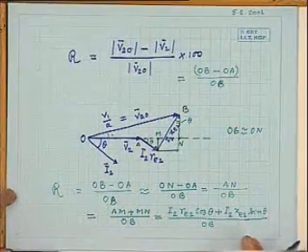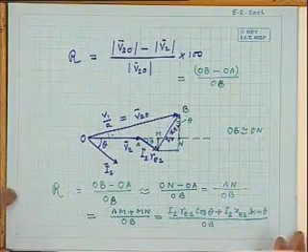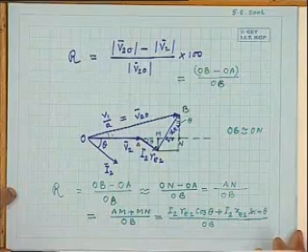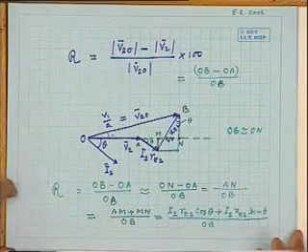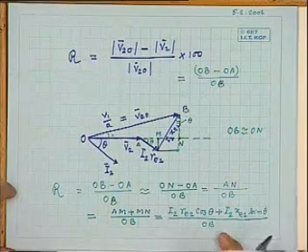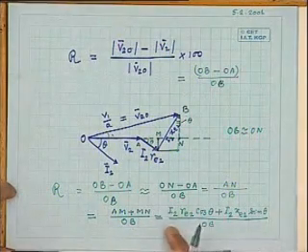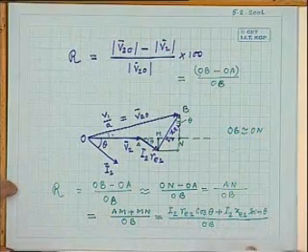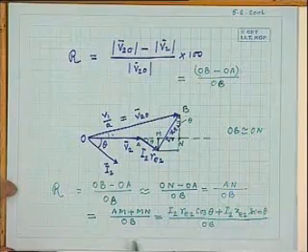So this is an approximation, no doubt, but nonetheless a very handy expression for calculation of regulation in a transformer. If you know the transformer is loaded at a power factor of cosine theta and delivering so much current, then regulation will be this much. You can easily apply.